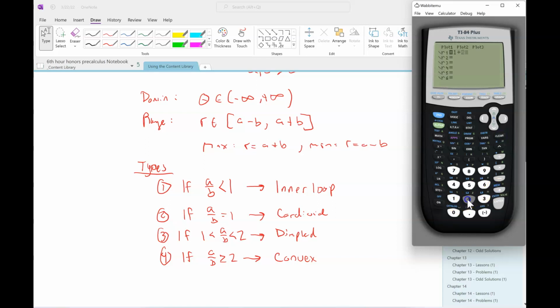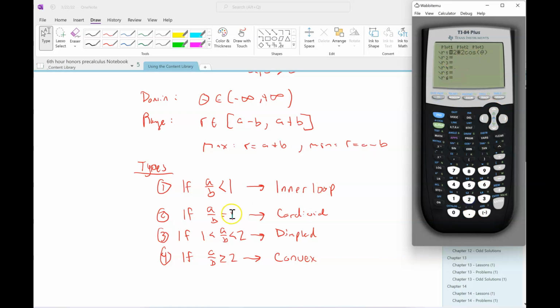So how about 1 plus 2 cosine theta? There the a is 1 and the b is 2, so 1 over 2 is less than 1. This should be an inner loop. See how the loop is on the inside of the circle thing? You guys see that? That's the inner loop.